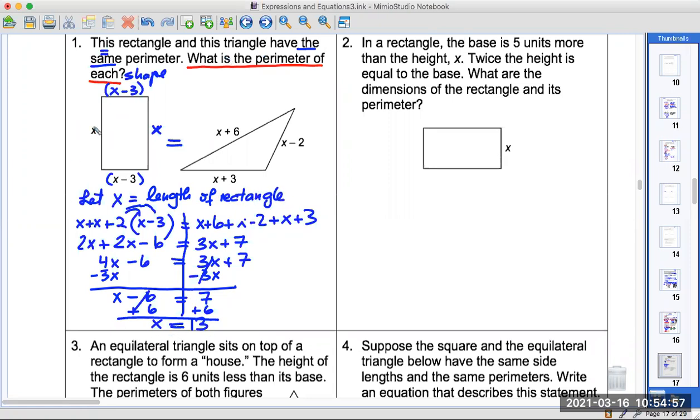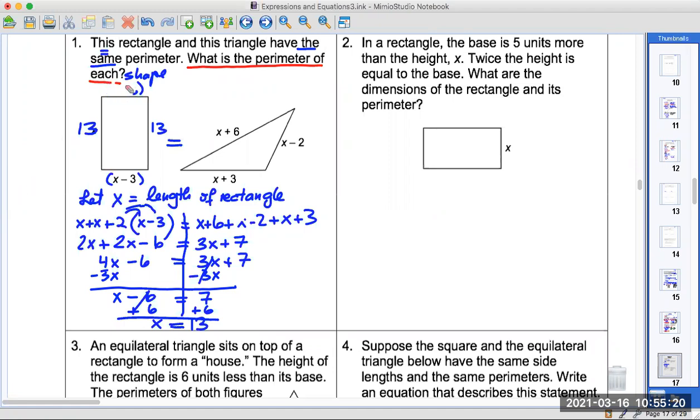So x is 13. That means this is 13 and this is 13. We're still having to look for the perimeter of each shape. So x was the length, that was 13. x minus 3, 13 minus 3 is 10.